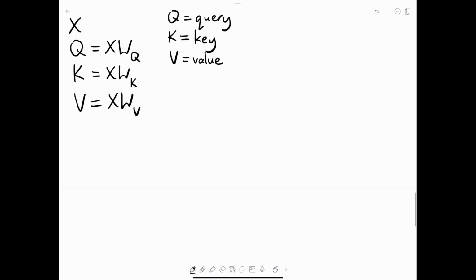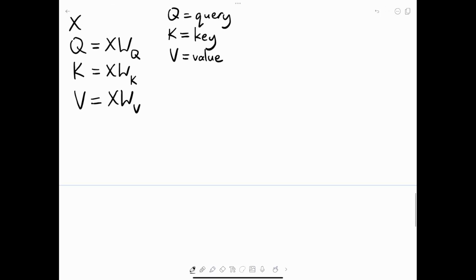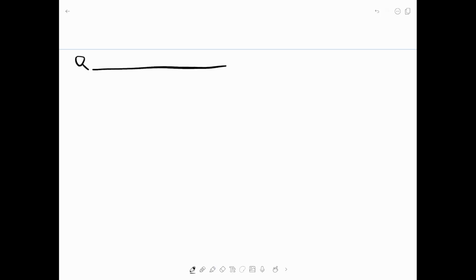So what does this mean? Essentially, the idea here is that when you perform a Google search, as an analogy, you'll have some kind of search term in the search bar, right? So what's a good example? Let's say cats.